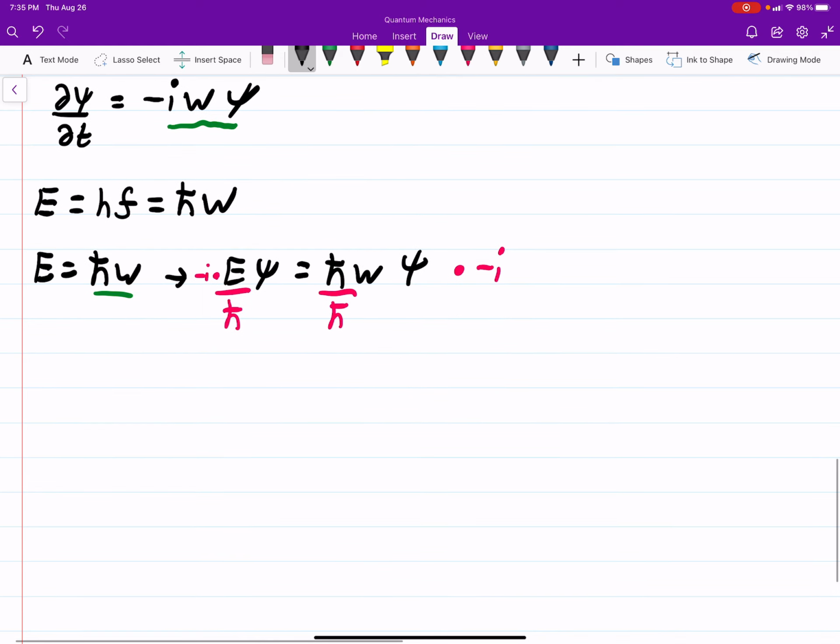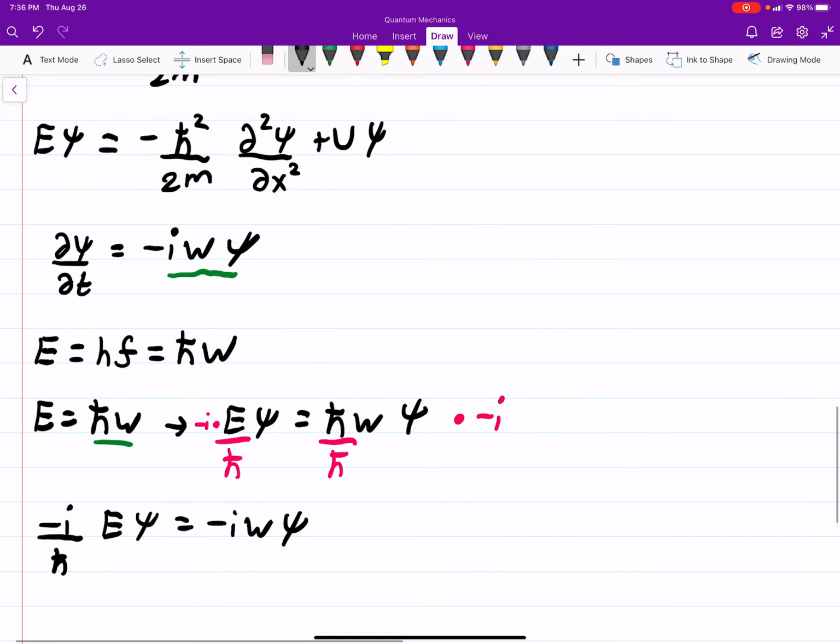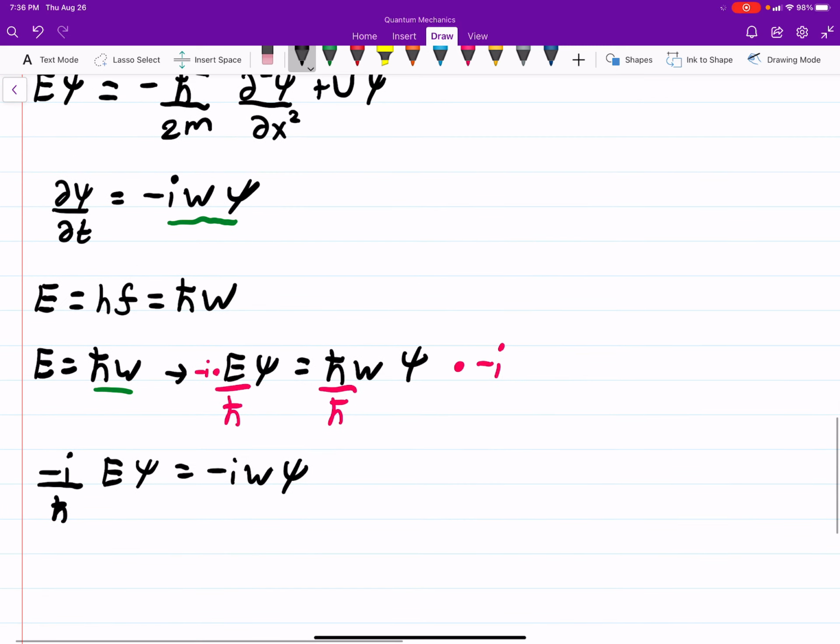Okay. So when we do that, we get minus i over h bar times energy times the wave function is equal to minus i omega psi, which means that this is equal to the partial derivative of psi with respect to t.